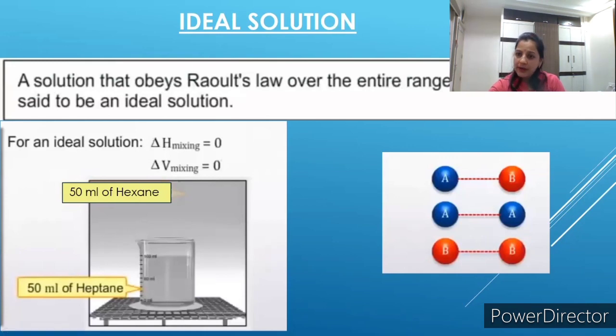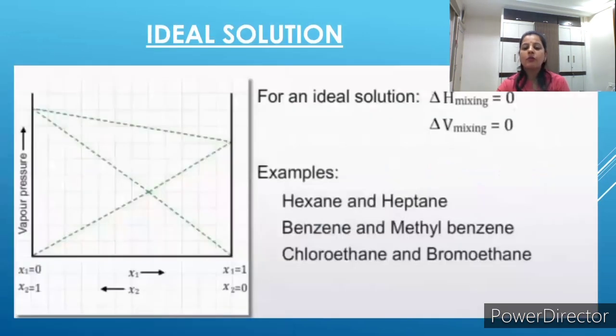But in actual practice, there is no ideal solution. Like there is no perfect person, in the same way, there is no ideal solution. But some of the solutions obey Raoult's law to a maximum extent, and hence such solutions can be considered ideal solutions. Some examples are hexane and heptane, benzene and methyl benzene, chloroethane and bromoethane.